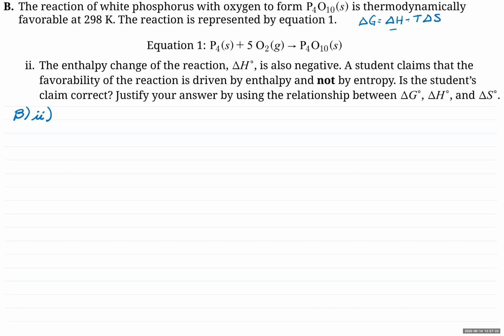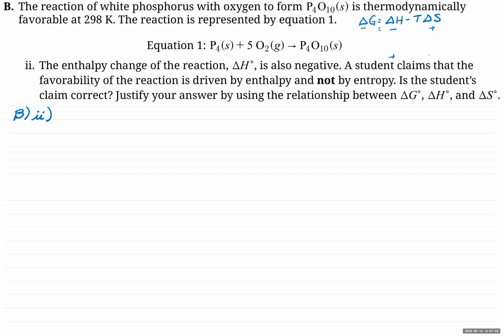And then because of the expression negative T delta S, if you have a positive value for entropy, then it will end up with a negative value, which will eventually end up with negative delta G in all conditions. So this is a condition that gives rise to a favorable or spontaneous condition.